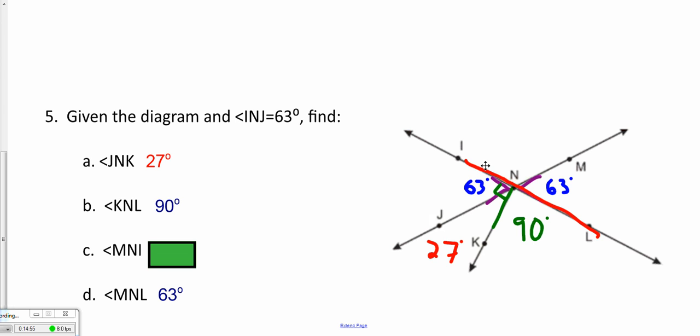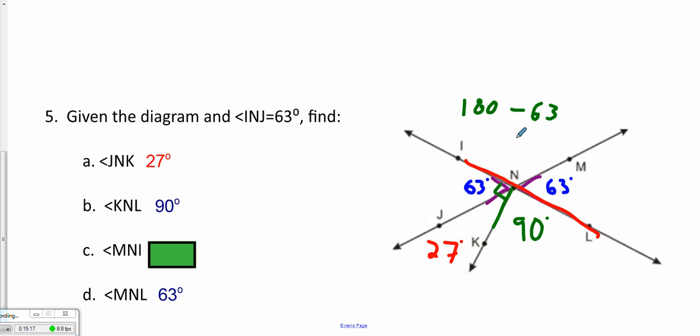Now I can also use that same red line right here to show, okay, here we have a linear pair, INM and MNL. If this is 63, this piece must be whatever 180 minus 63 is. Right? This whole thing is 180. Take away this part.